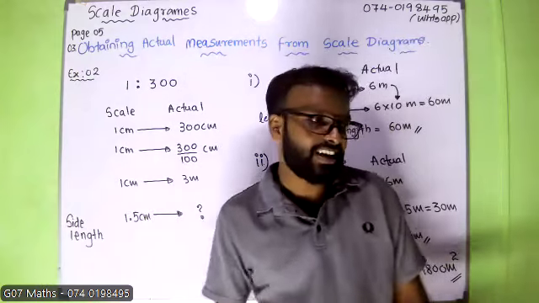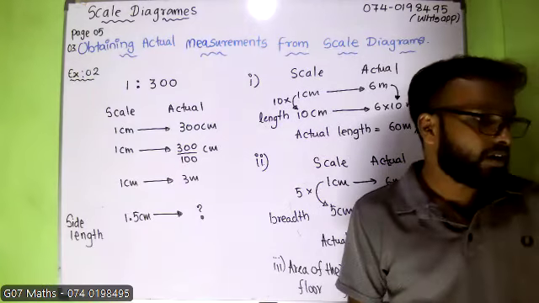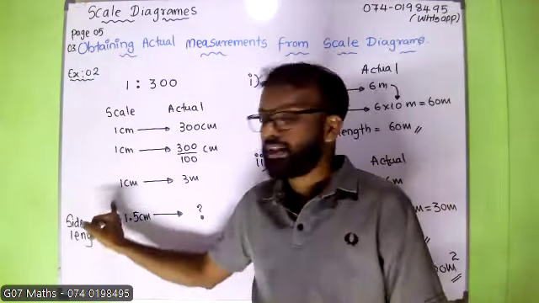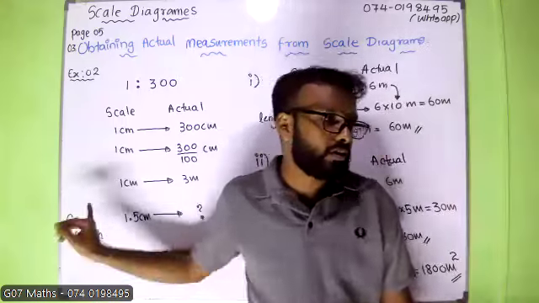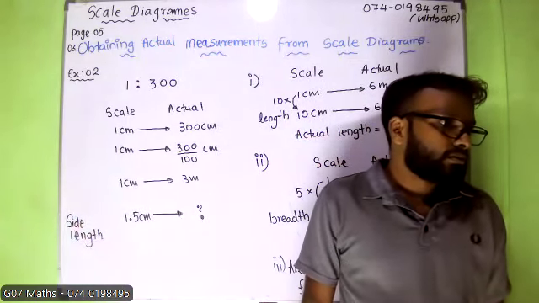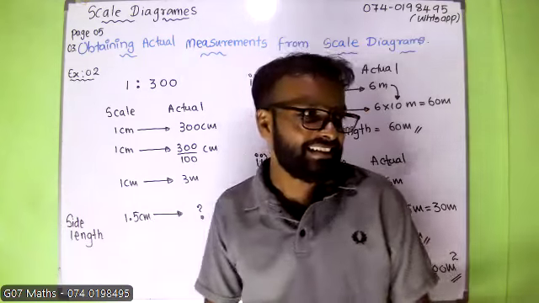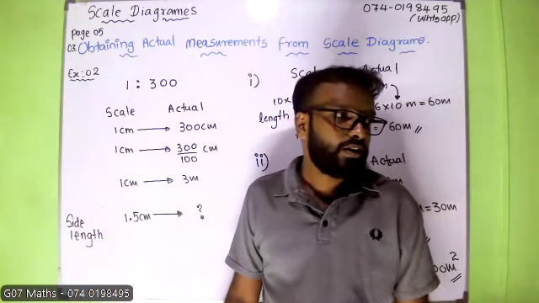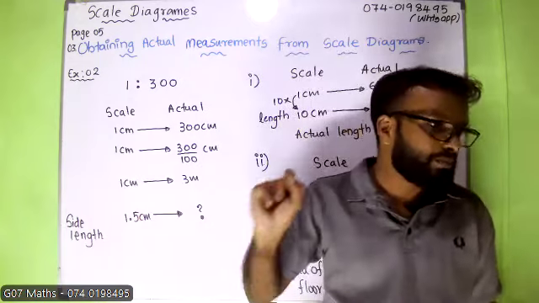Very easy. Check once. Multiplication table of 1. How do you obtain this? 1 into 1.5. By which number are you going to multiply 1?